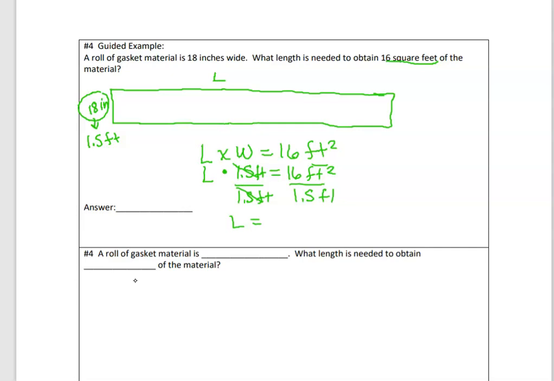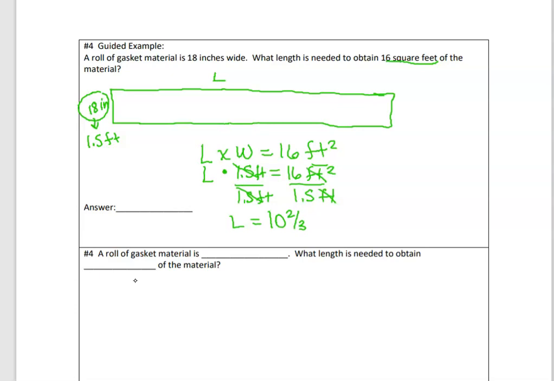is 10 and 2/3. My calculator's actually giving me 10.6667. If I did math, enter, and changed it to a fraction or a mixed fraction, that would be 10 and 2/3. And so I've got feet and I've got feet squared.